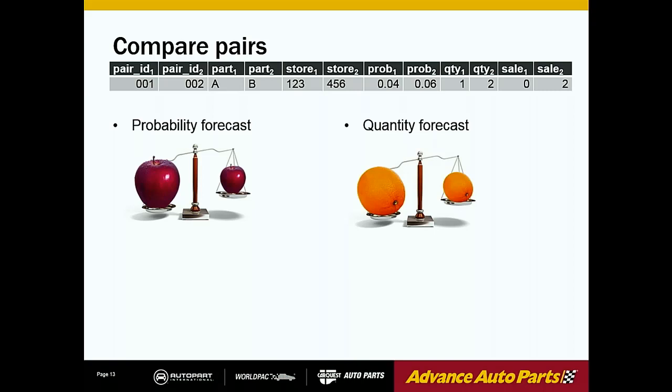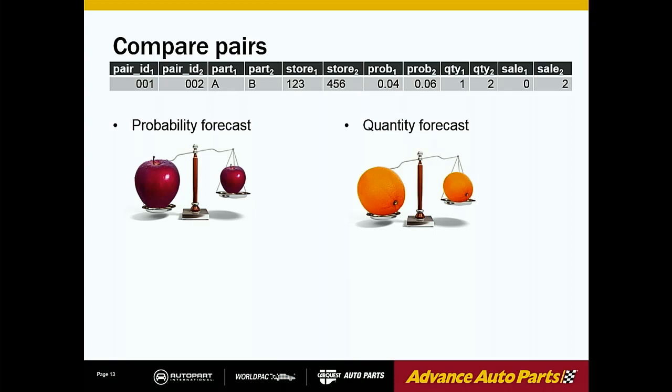And for that exact same pair of part and store, we can also look at their quantities. We can say, okay, for number 1, we're predicting quantity 1. For number 2, we're predicting quantity 2. And one of them is bigger than the other. And their relationship is what is important for assortment, because remember, our goal is assortment. Their relative comparison is what's important here.